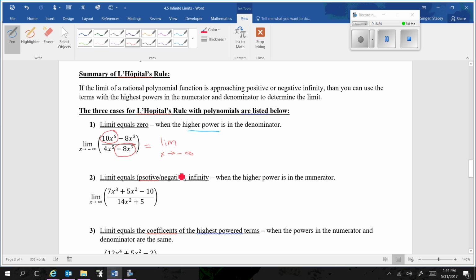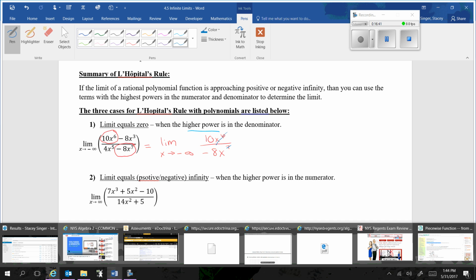So the limit as x approaches negative infinity of 10x to the 6th divided by negative 8x to the 7th. Well, I can reduce that. All my x's in my numerator would cancel with all but one of my x's in my denominator.